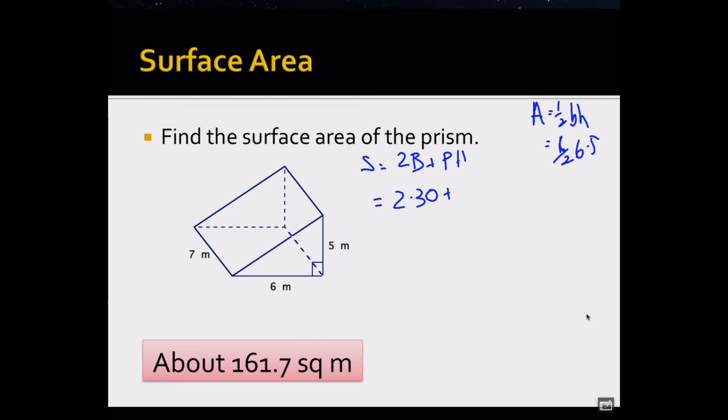Whoops, it's not 30, it's 15. And then the perimeter would be 11 plus the square root of 61, all of that times the height, which is 7. Again, showing your Pythagorean theorem calculation there would get that done. This seems like an easier method, and if you like this method, then by all means, feel free to use it.